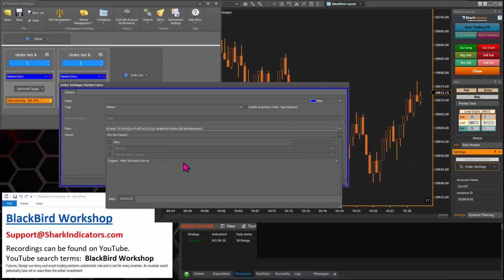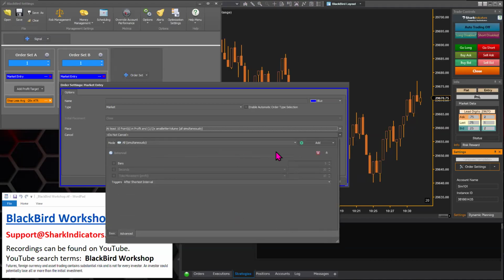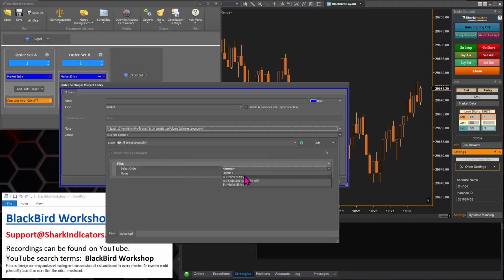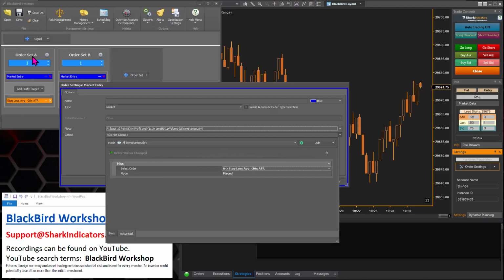Something pretty common would be, let's go to the advanced tab here, something fairly common is to use order status changed. Obviously if the stop loss for your first order here is not placed, but if it's filled, then obviously the trade is usually over and done with.